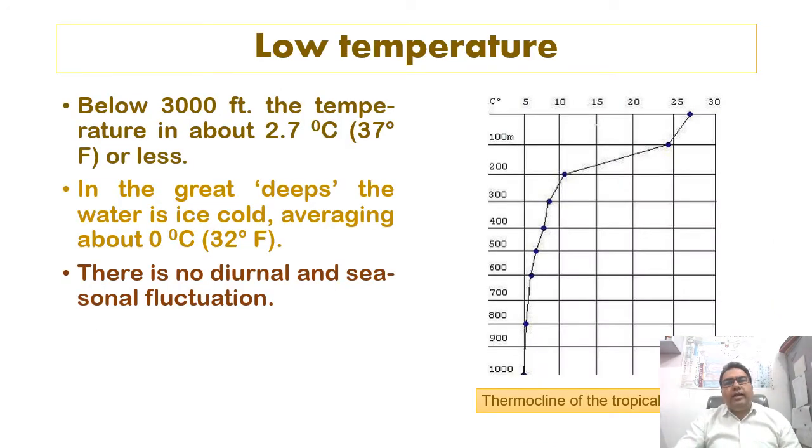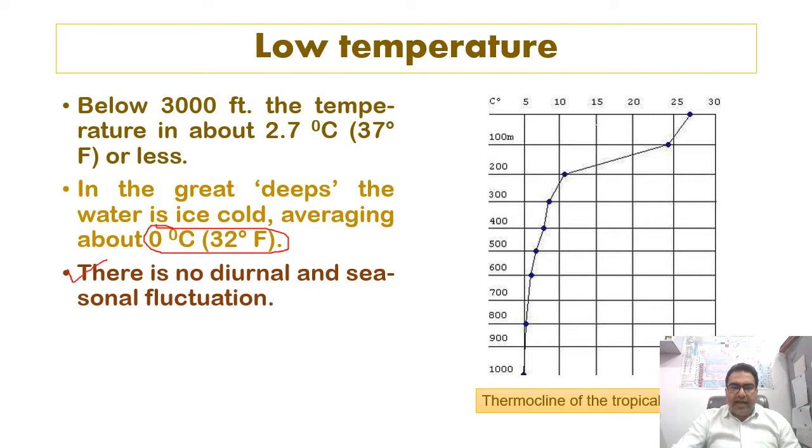Another factor they have to face is low temperature. Below 3000 feet, the temperature is about 2.7 degrees centigrade. And as we go deeper, we face a temperature of about 0 degrees centigrade. So deeper waters have almost 0 degrees centigrade.